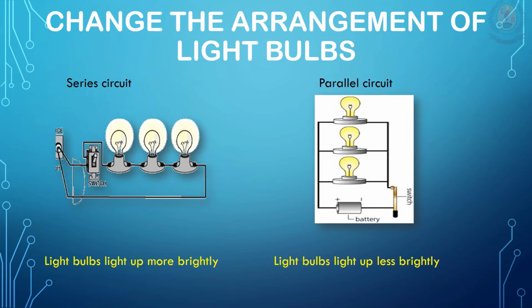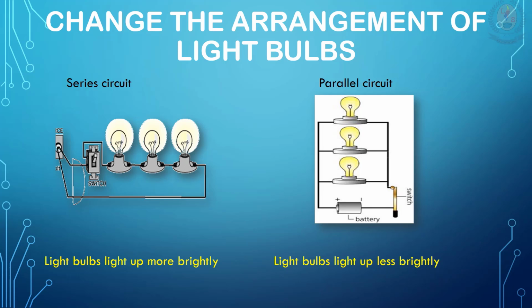In this picture, we can see both circuits contain the same number of light bulbs and the same number of batteries. But the arrangements are different. So, my dear children, in a series circuit, the light bulbs light up more brightly.